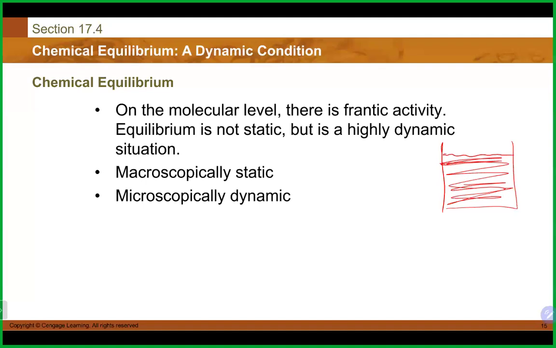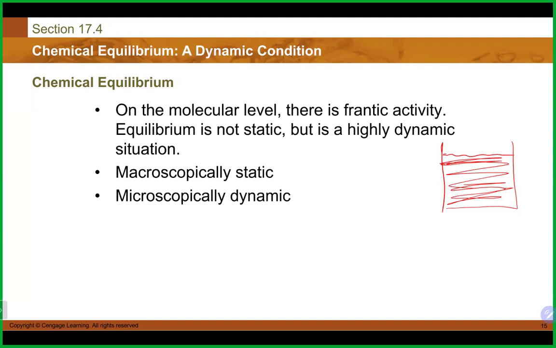It already turned red. There's not much happening. It's still red. The reaction's over. And in an equilibrium reaction on the macroscopic level, it may look static, like nothing's happening, but there is a lot of activity happening on the microscopic level to, for example, maintain that red color that you see.